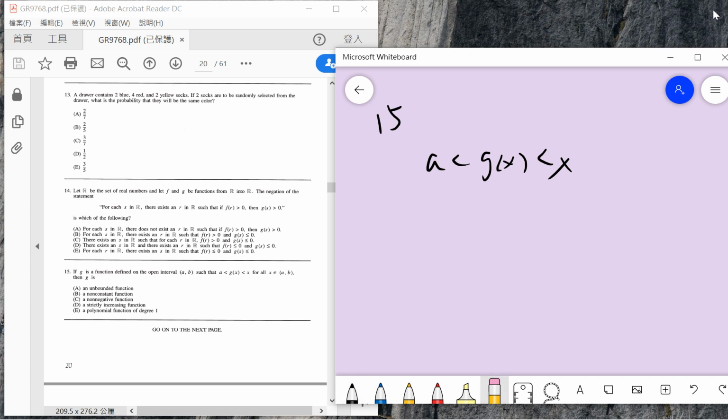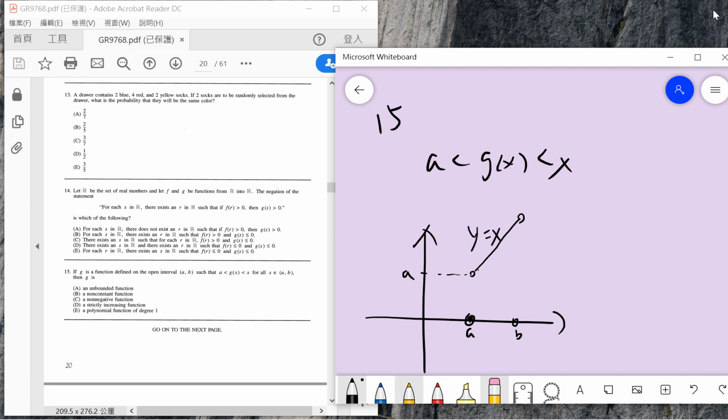Okay, so suppose this is a, this is b, and this is y equals x.